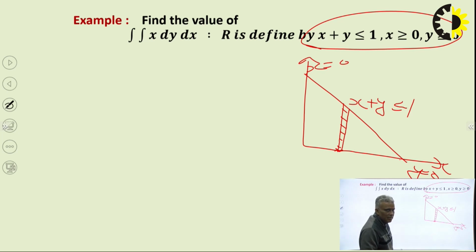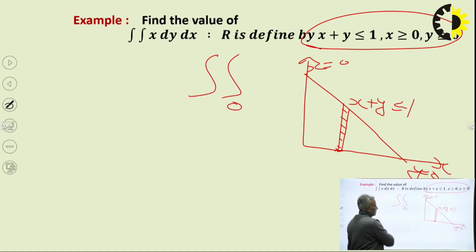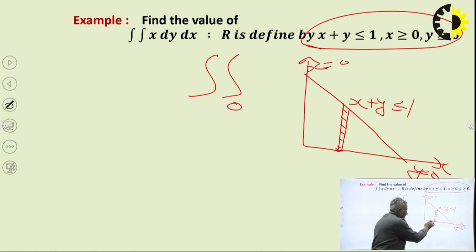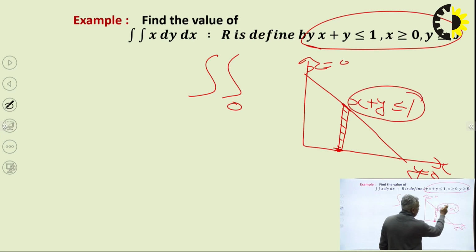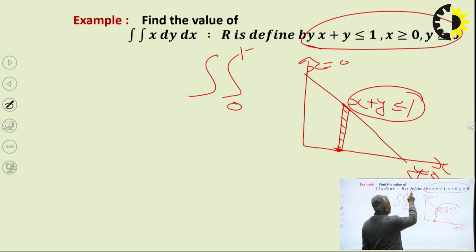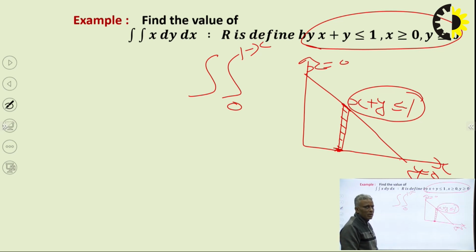We take the limit of y: the lower limit will be 0, because the lower part of the strip touches the x axis, where y is 0. Now the upper part of this strip touches this line, and the equation of this line is this. First calculate the value of y here. So the value of y will be 1 minus x. In this way we calculate the limit of y first.